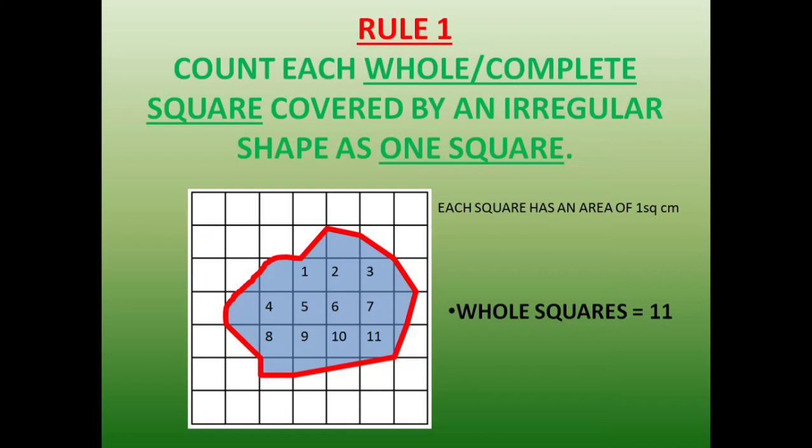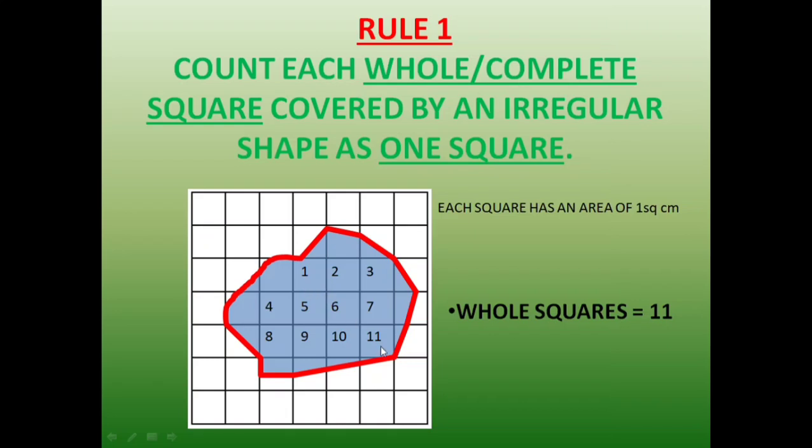So let's find the approximate area of this irregular shape. So what do you see? We'll first count the whole squares. Look at the numbers mentioned within this irregular shape. The numbers are mentioned from 1 to 11.